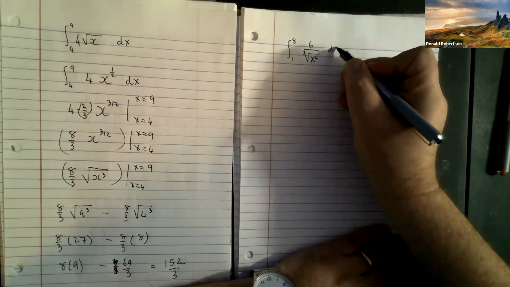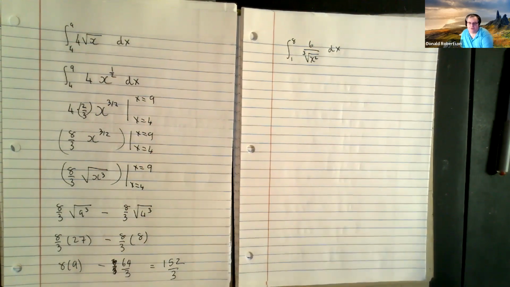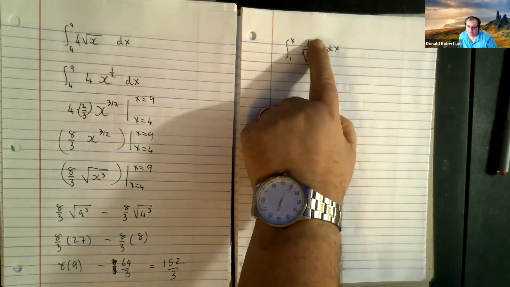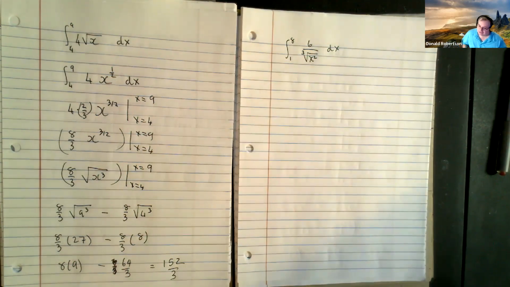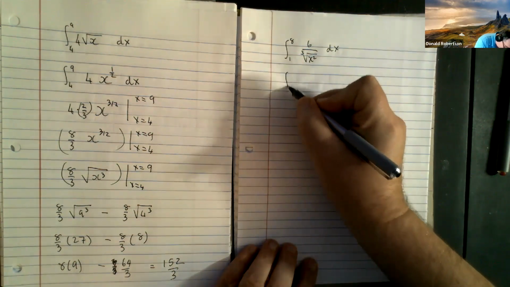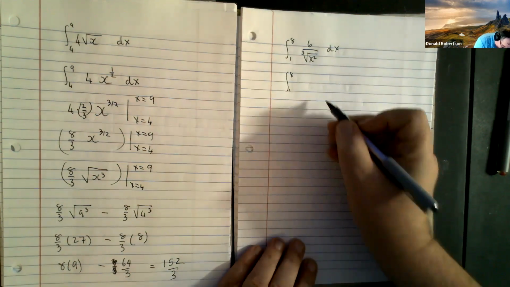This one's really ugly. I want to use the power rule to find that integral. 6 over the cube root of x squared. Now, to be able to use the power rule, I have to write this fraction in some way or another in the form of a power of x.